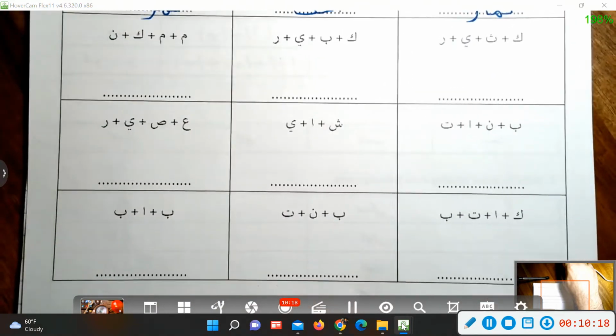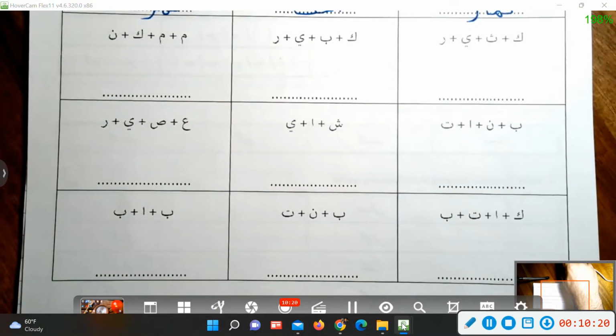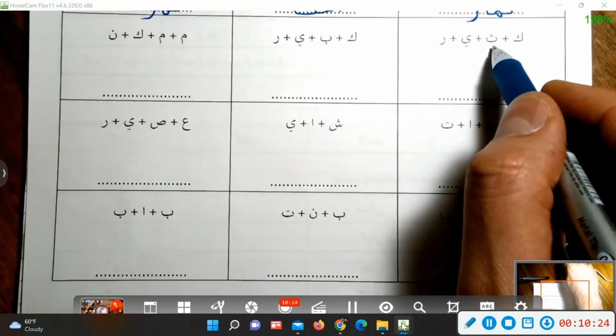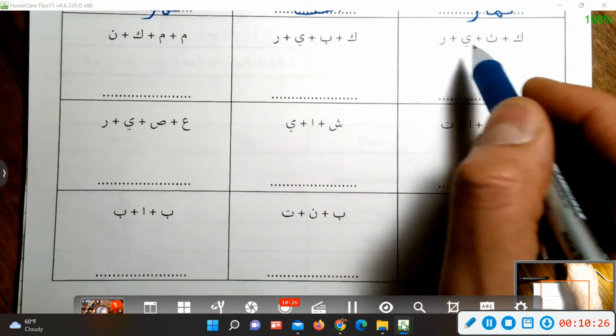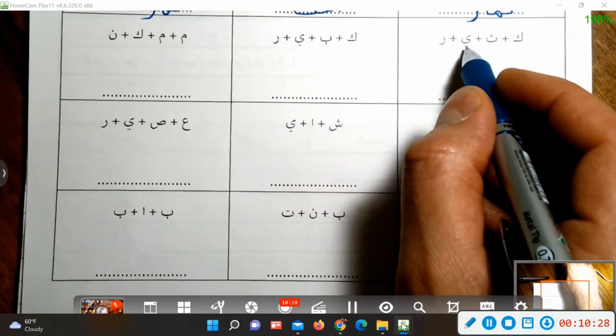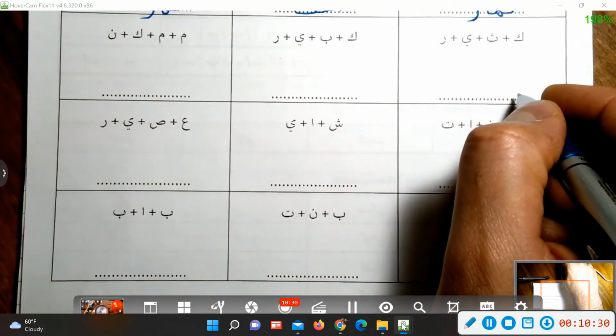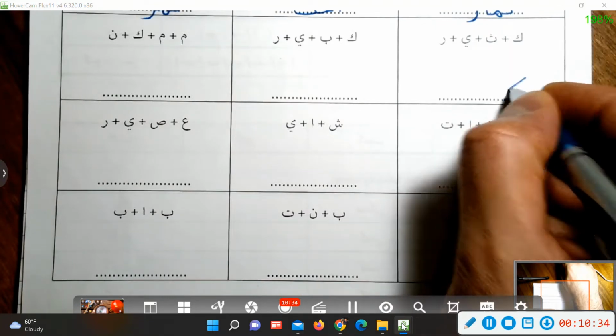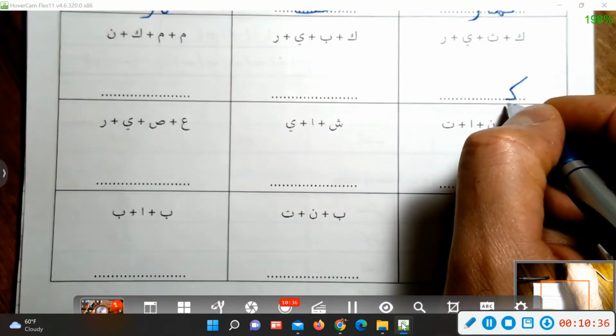Now, we have another word, kaf, tha, ya, ra. Kaf, as we said before, when you connect it, it changes its shape. That's how it looks.